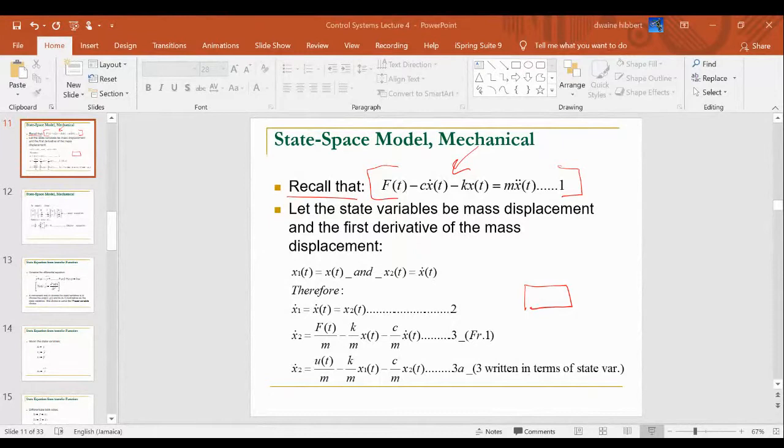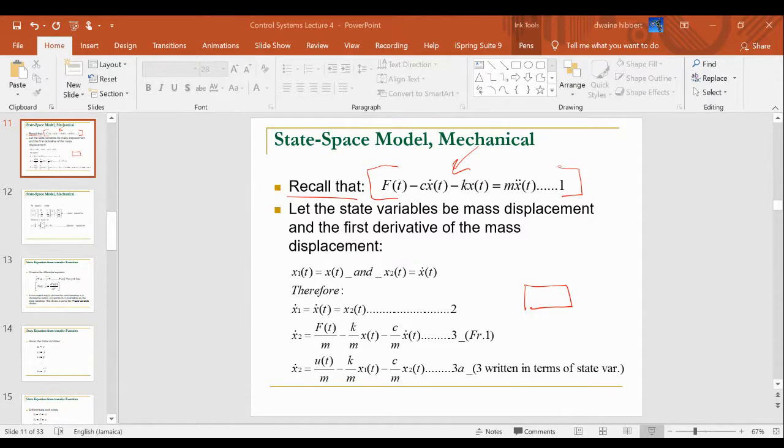So we're now going to seek to identify the different forces on the mass. So we know we have the force F of t.